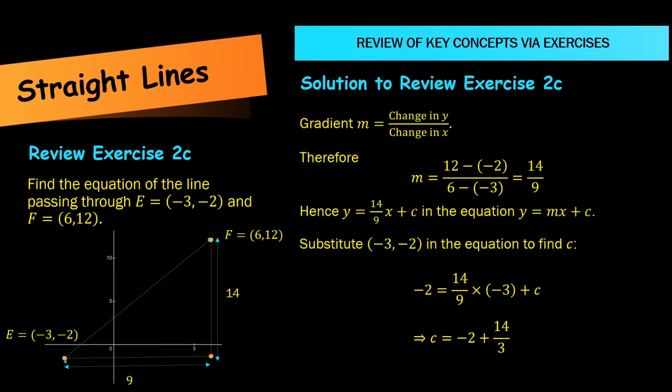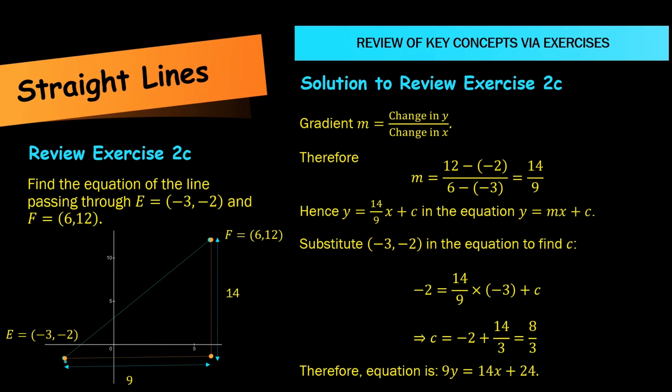And this gives us that c is equal to 8/3. Therefore, our equation is y equals 14/9 x plus 8/3. Or multiplying through by 9 gives the equation 9y equals 14x plus 24.